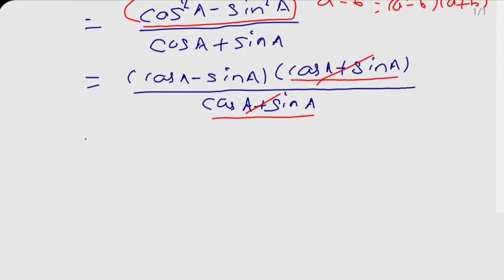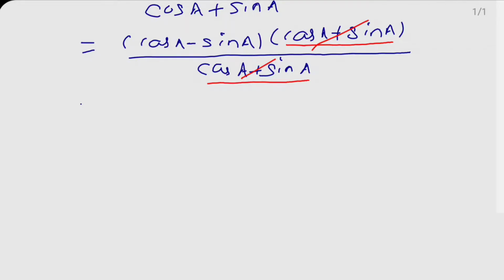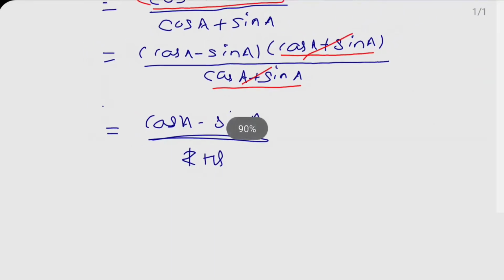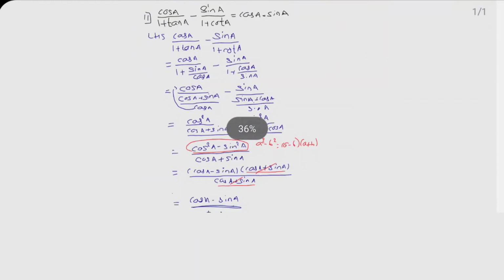So remaining terms write down here, cos A minus sin A, so it is our RHS. See here, here is cos A minus sin A and here also we proved cos A minus sin A, hence proved. Is it clear?